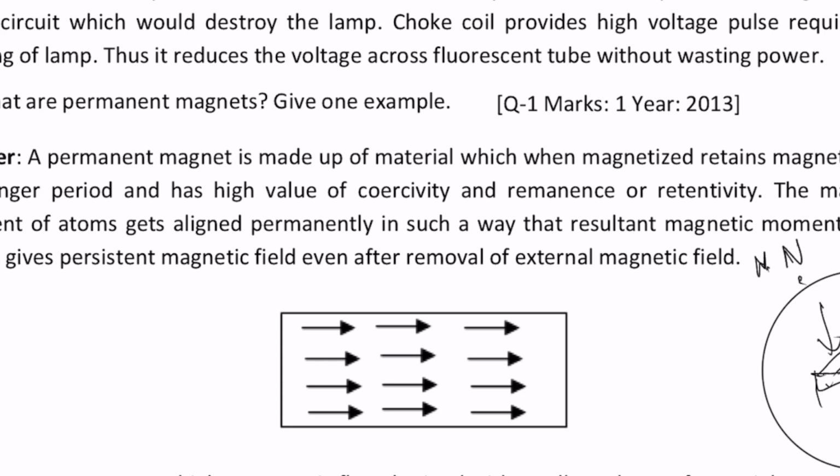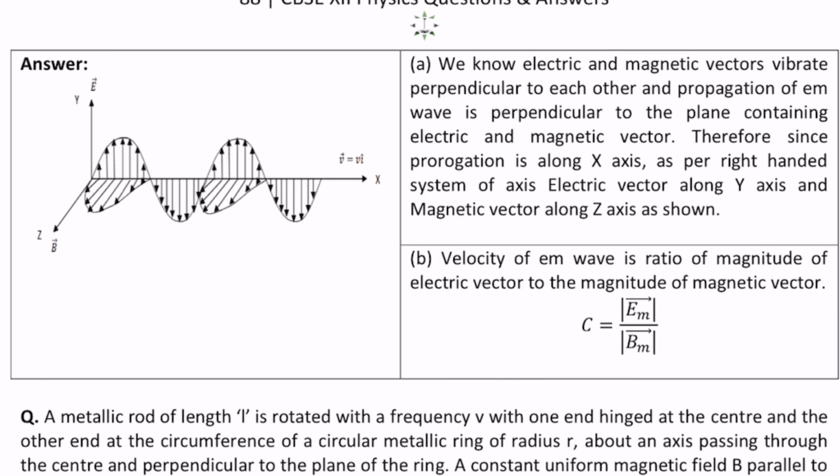This is how an electromagnetic wave moves. Then, how are the magnitudes of the electric and magnetic fields related to the velocity of the wave? This is not related to electromagnetic induction but to the next chapter, but since the question is written here, I'll explain it.